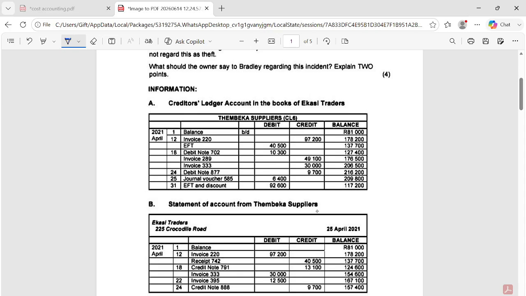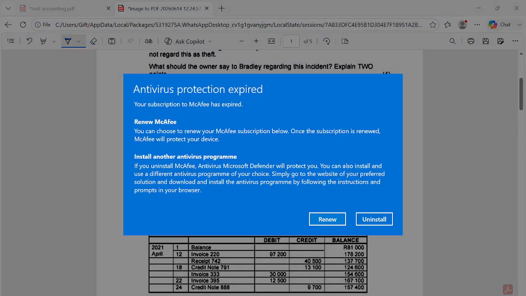Since an invoice increases the debt, it means that it increases on the credit side. Now if you pay attention, my EFTs are on the debit side. It means that on this side it decreases. How? Because an EFT means that I'm paying what I owe them, right? So everything that reduces the money that I owe them must be, sorry guys, let me fix this quickly.